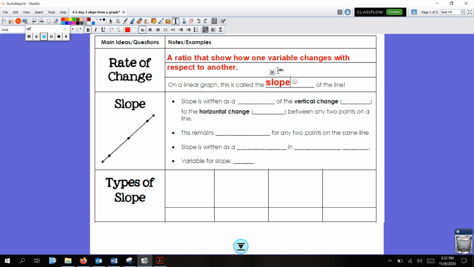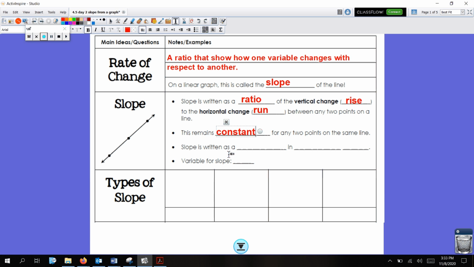All right, the slope is written as a ratio, AKA fraction, of the vertical change, the rise, to the horizontal change, that is the run. So we have rise over run between any 2 points on a line. This remains constant, meaning the slope does not change for any 2 points on that same line. So it's constant.